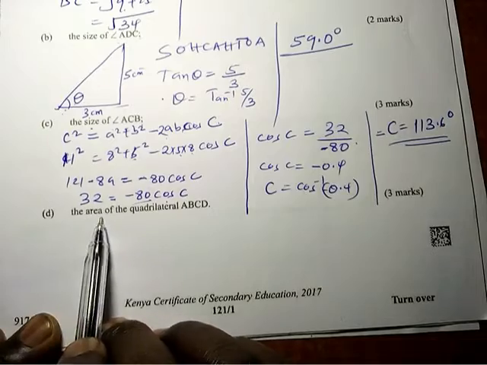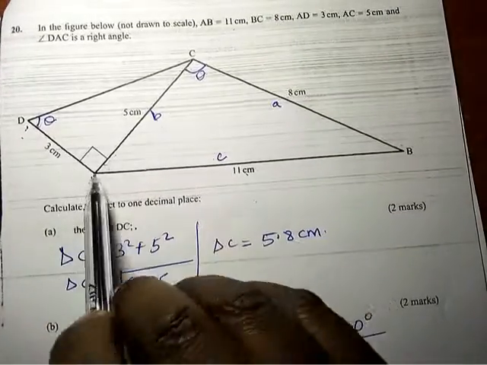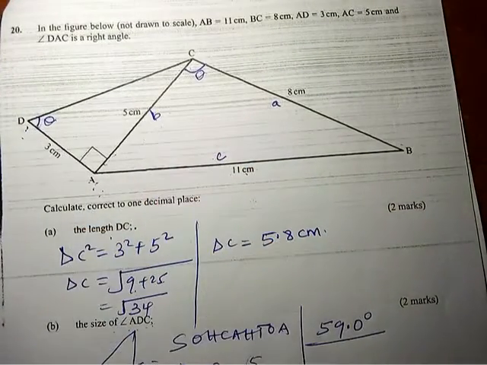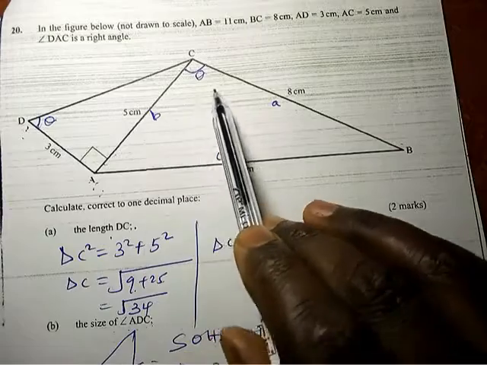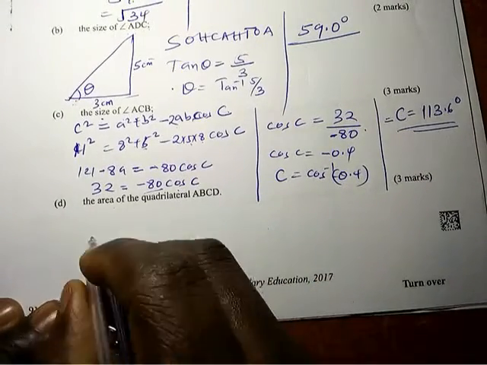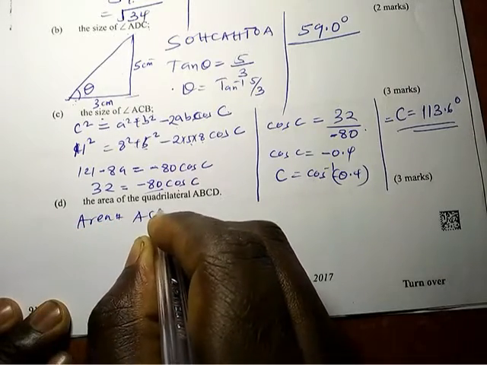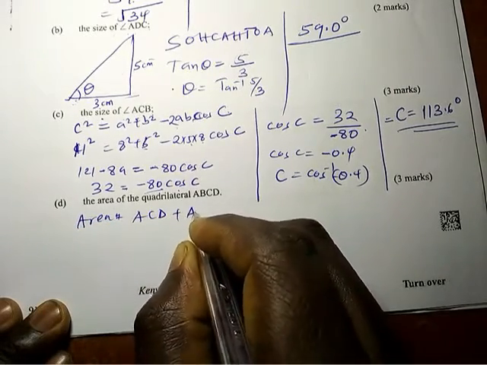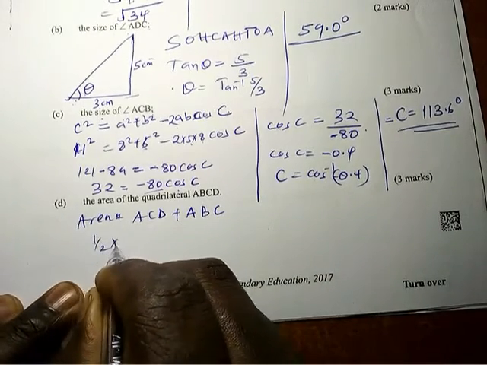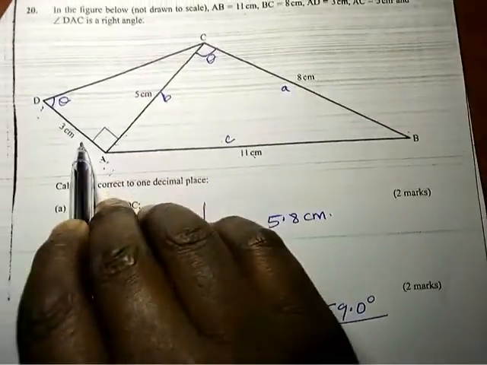Calculate the area of quadrilateral ABCD. So we will calculate the area of ACD plus the area of ABC, and that is all. That is now a half times 3 times 5, a half times base times height.